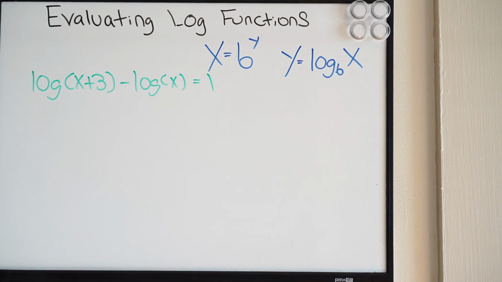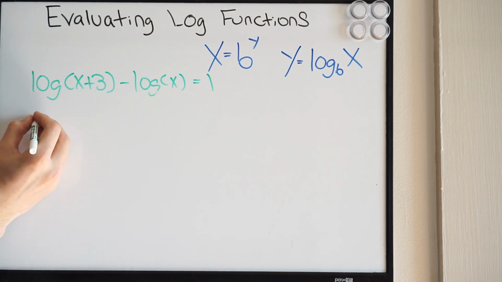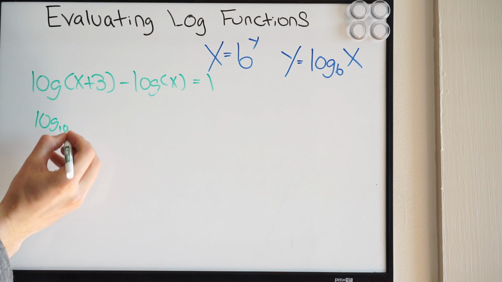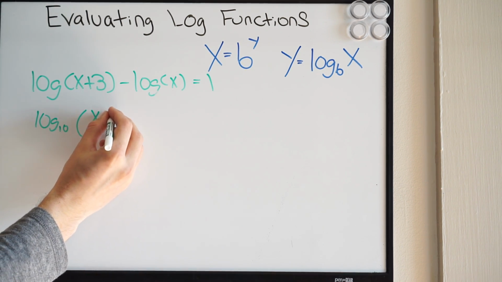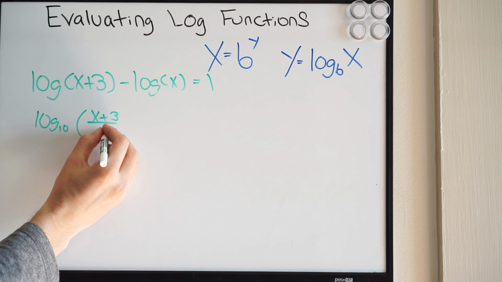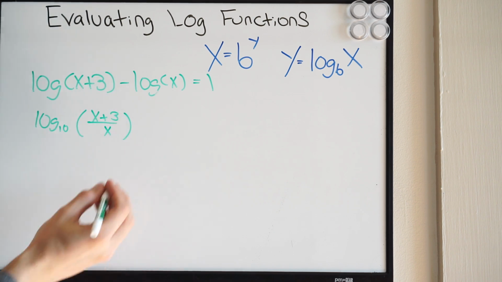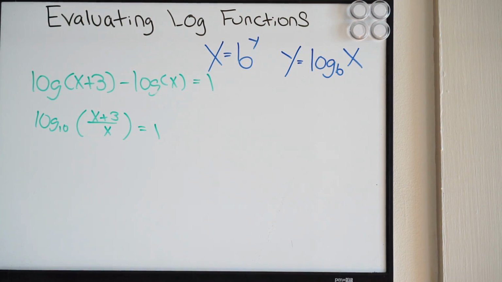Again, using your properties of log functions, we're dealing with the same base here. We know that with subtraction, we're actually dividing. So we can rewrite as log base 10 of x plus 3 all over x, and this will be equal to 1.